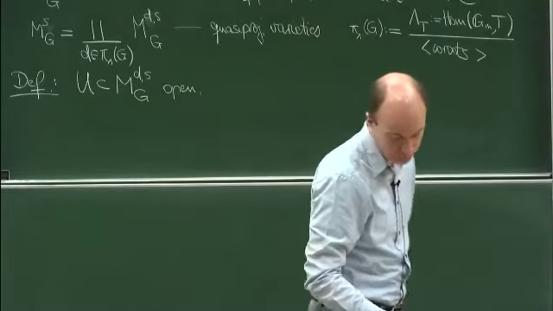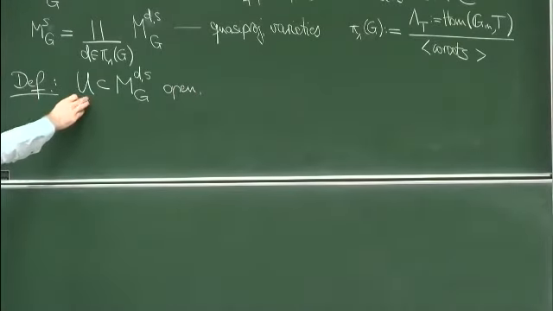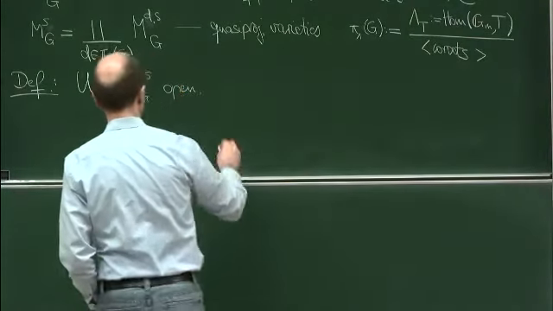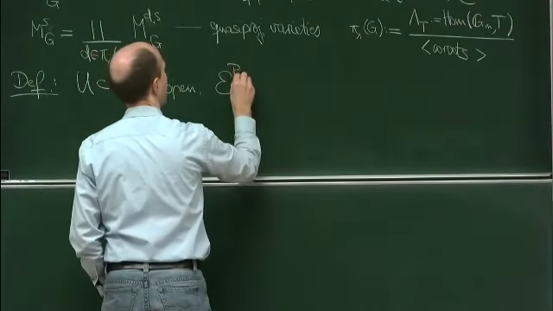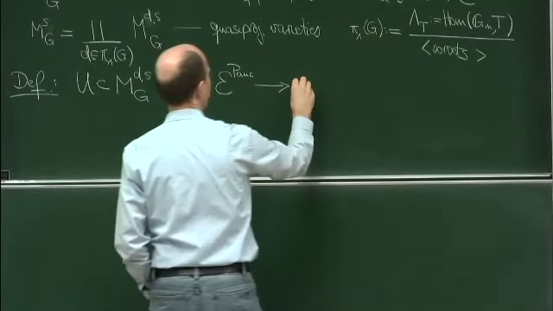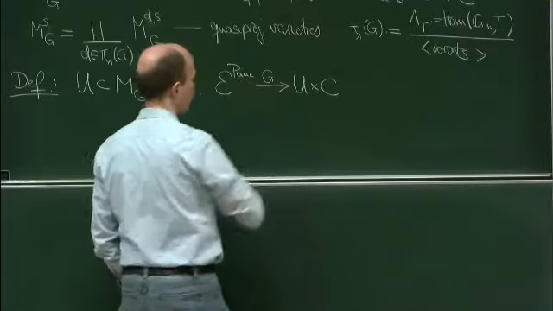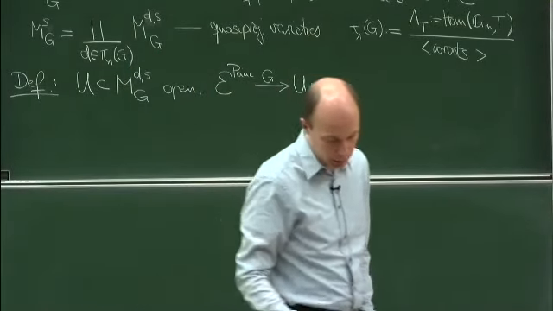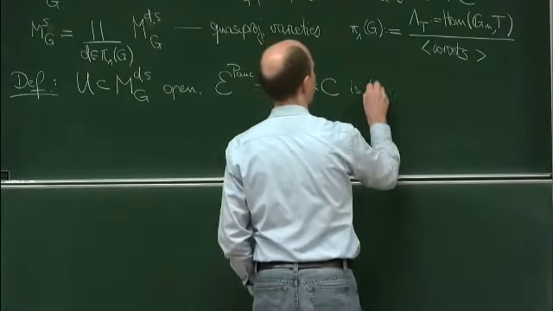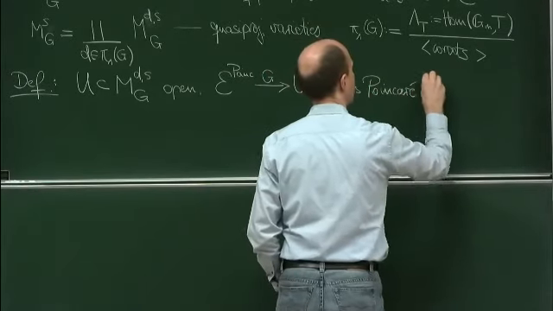Then what is a Poincaré family, a Poincaré bundle for this open part? Well, it is a principal G bundle over the product of U with the curve. Such a principal G bundle is called a Poincaré family, or universal family if you prefer, a Poincaré bundle.